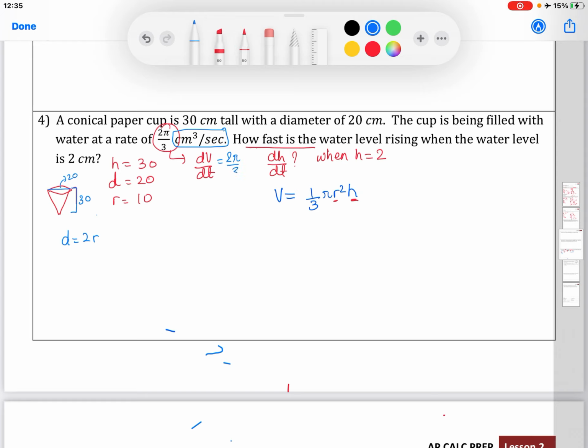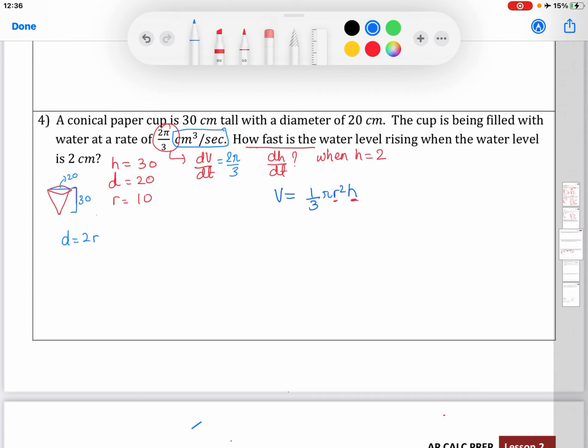The per second part tells me it's a rate, and volume is cubic, so this is my 2 pi over 3. I want to find the rate of change of my height, or the water level rising, which would be the height of the cone when you have water up to 2 centimeters. So at what rate is the height changing? That's what we want to find out.